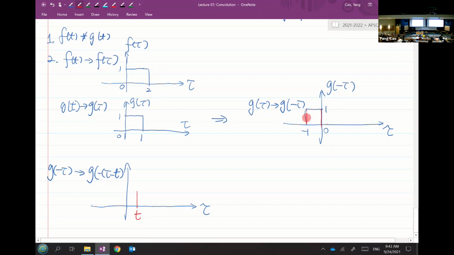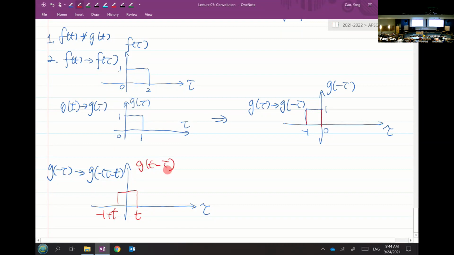And this edge goes to the right by t amount. And the coordinate of this edge becomes t minus 1. Or you could keep it as this, right? So just to be consistent, you're shifting to the right by an amount of t. So this is your g of t minus tau.